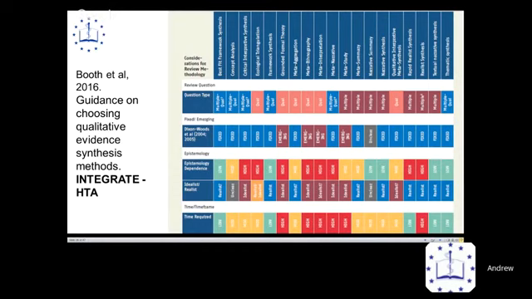And so what this table summarizes, although there's accompanying text, is that for choosing a particular type of qualitative systematic review, what are the factors that you use to choose? So you'll see across the top, I'm not going to spend much time on this, are the different types of review.